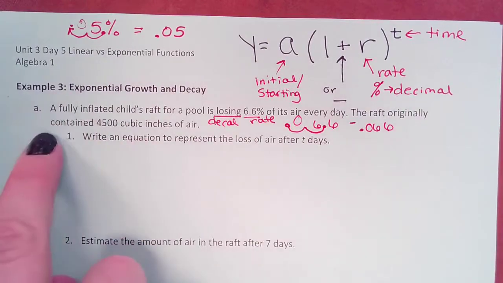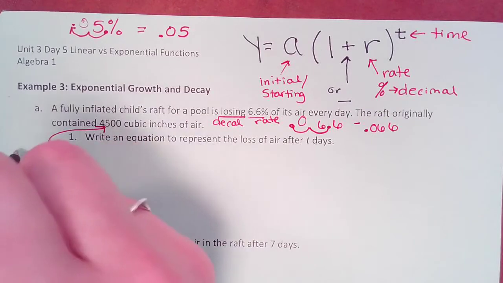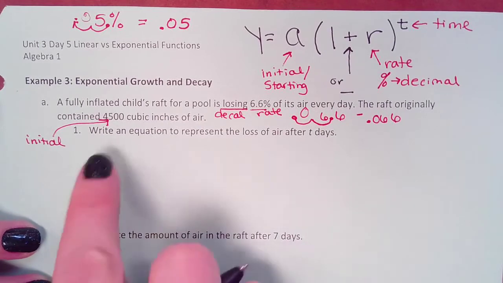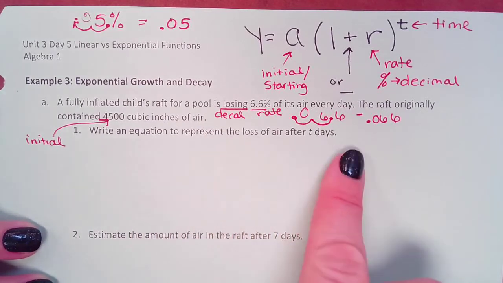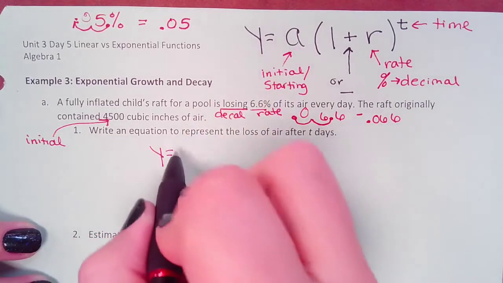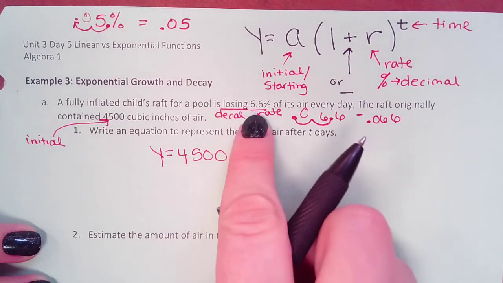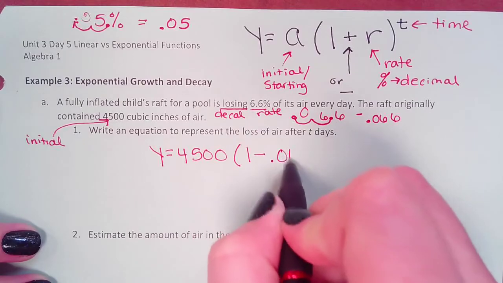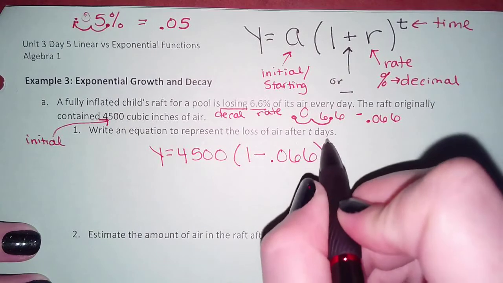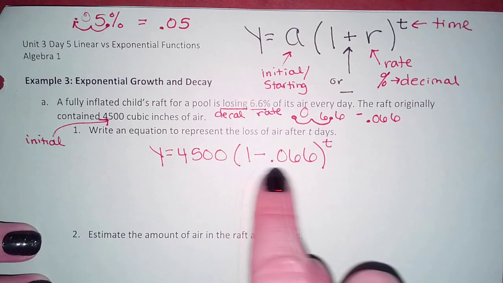The raft originally contained 4,500 cubic inches of air. So this is going to be our initial. Write an equation to represent the loss of air after T days. So we have Y equals our initial value, 4,500, times 1, this is decay, so minus 0.066 was our rate, to the power of T. Now we can simplify inside this parenthesis because this is just subtraction.